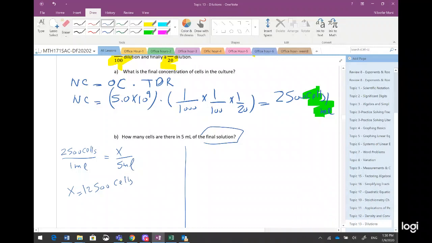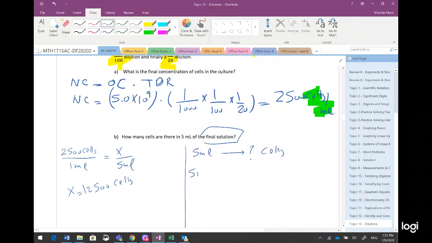Now I can do it by conversion factor. I have 5 milliliters and I want to go to the number of cells.